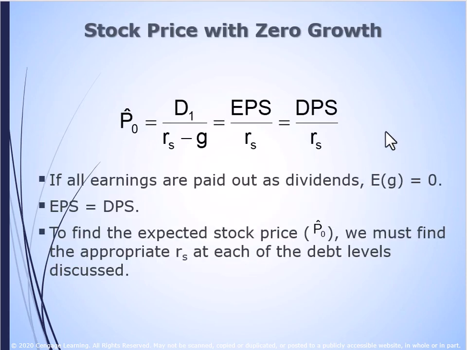Well, now we can also look at the stock price, and if we assume a stock price with 0 growth, right? If all earnings are paid out as dividends, that means the earning growth rate is going to be 0. So earnings per share will equal dividends per share. To find the expected stock price, again, we need to find the appropriate cost of equity at each one of the debt levels to find the price.